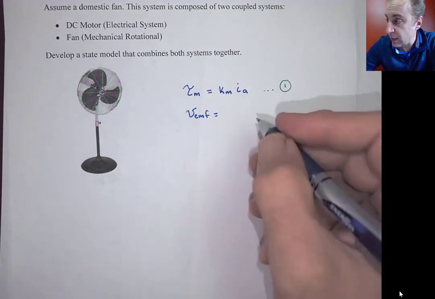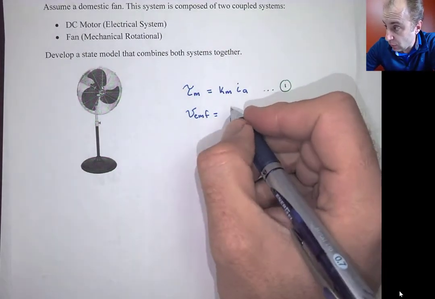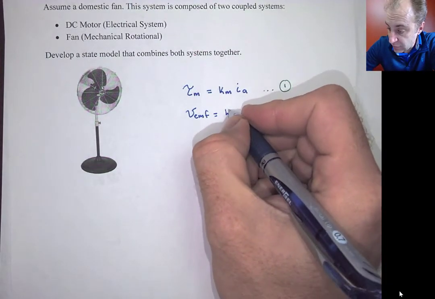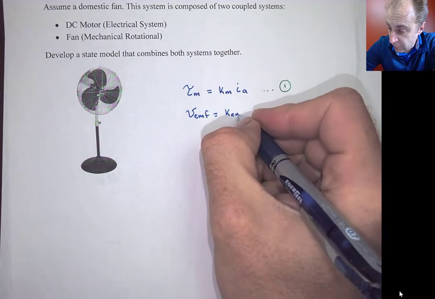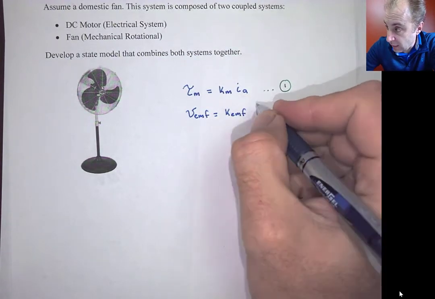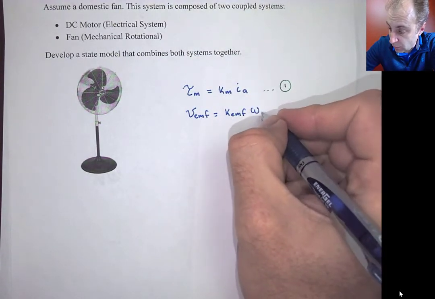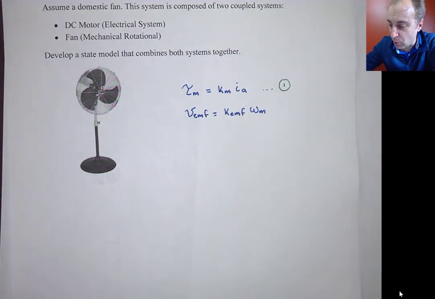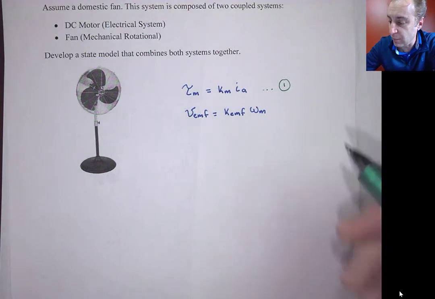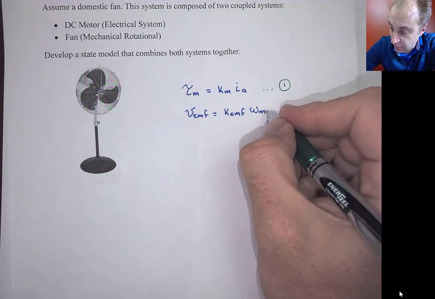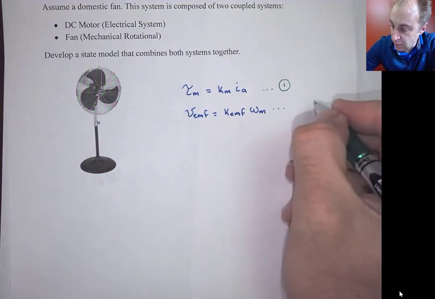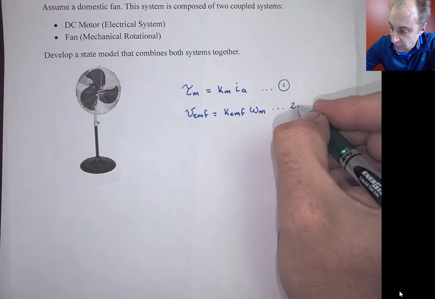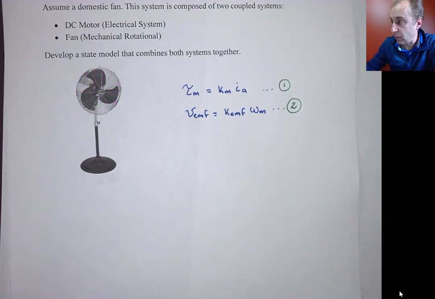This is going to be equal to the constant K EMF times the angular velocity of the rotor. And I called M for motor, which is the rotor of the mechanical part of the DC motor. And that would be the second equation.